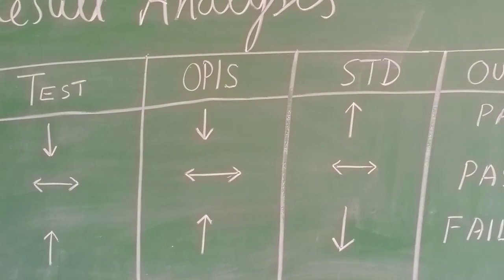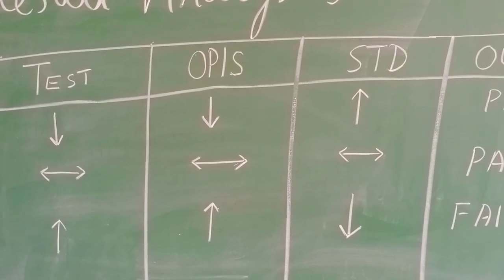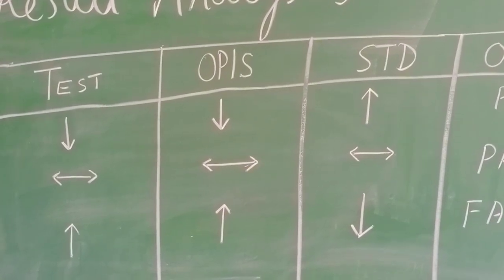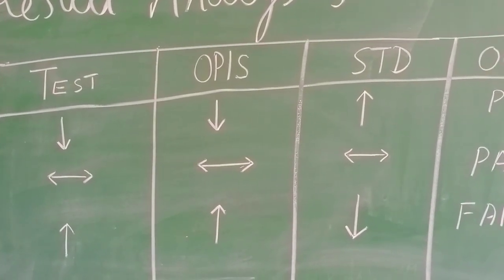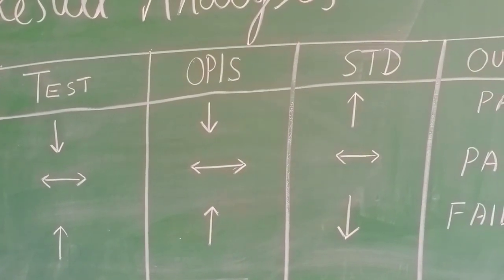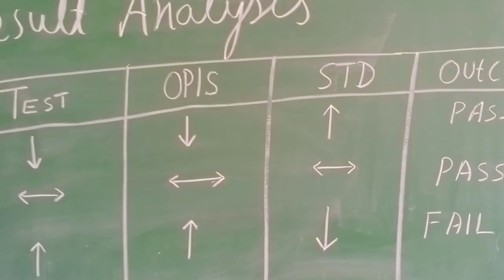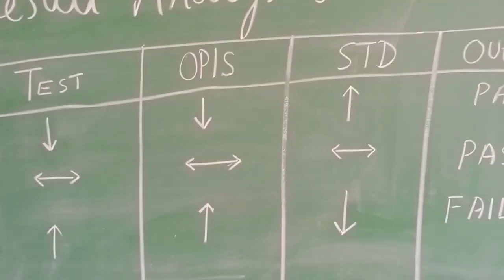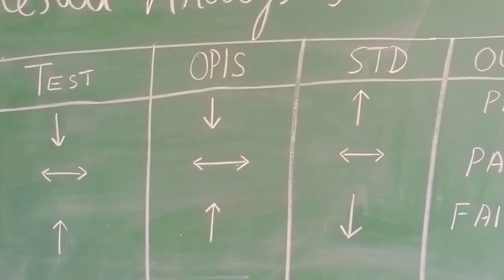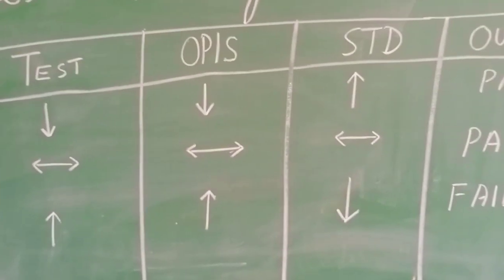So anyhow, in the very first row, we are observing down arrows under the test and the opalescence, and an upward arrow in the standard. Here these down and up arrows indicate the degree of opalescence produced.